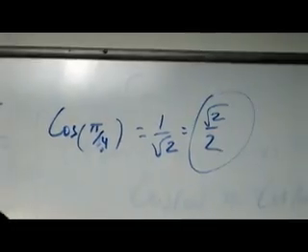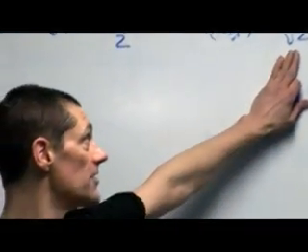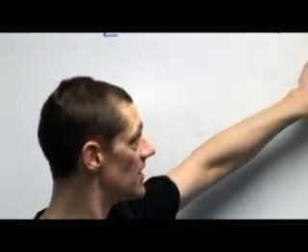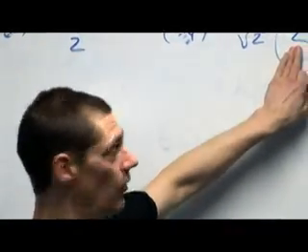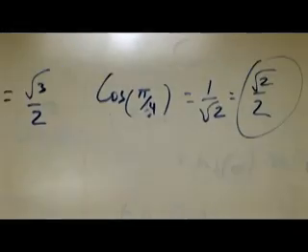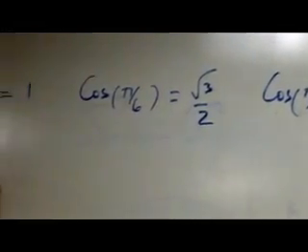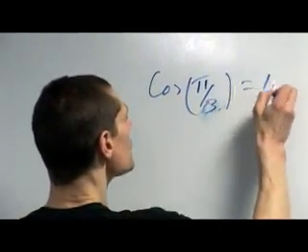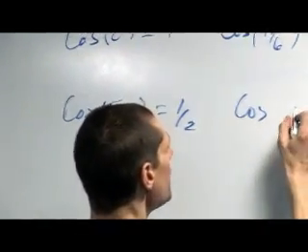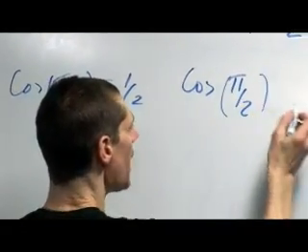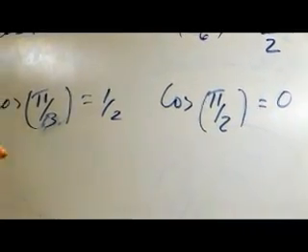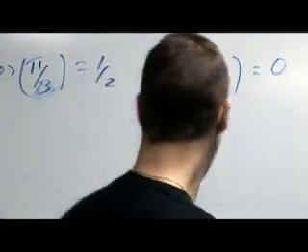The reason is, back in the day before calculators, you used to have to use slide rules to figure out what stuff was in complicated formulas, and it was much easier to divide by a whole number. So the cosine of pi over 3, which is 60 degrees, is 1/2, and the cosine of pi over 2, which is 90 degrees, is 0. These you really got to know in an absolute way.